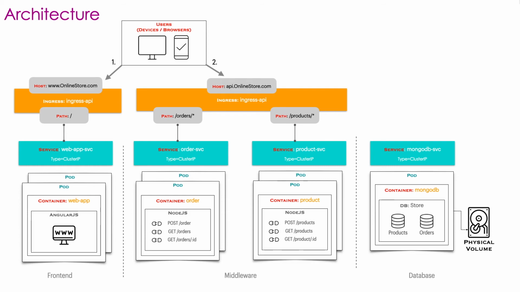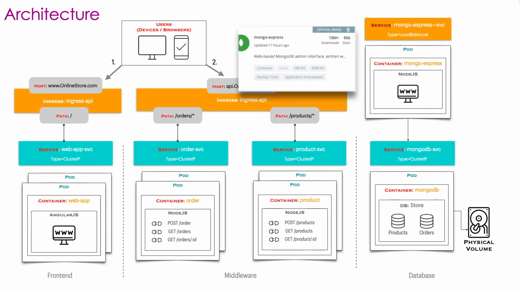Now, in all of this, a DBA may also need to access the MongoDB database for administrative functions such as creating indexes, looking up tables, records, etc. Just like the MongoDB container that is provided on Docker Hub, we have another Docker image called Mongo Express, which is a Node.js application that is connected to the MongoDB database through its configuration.